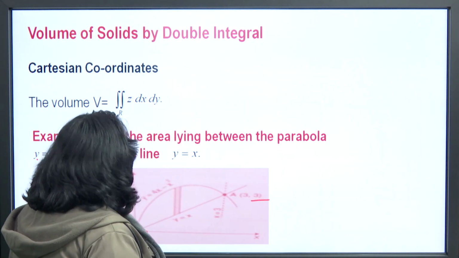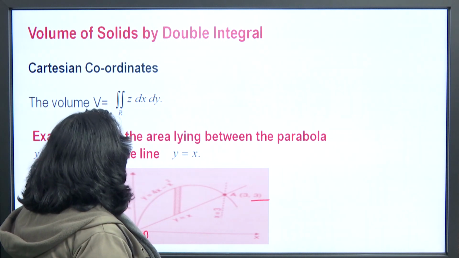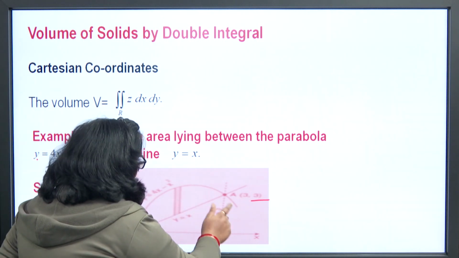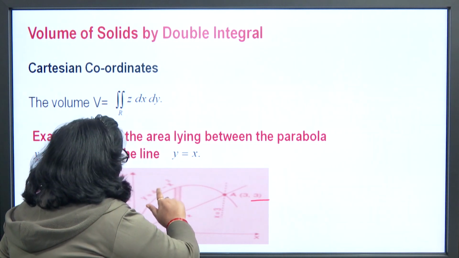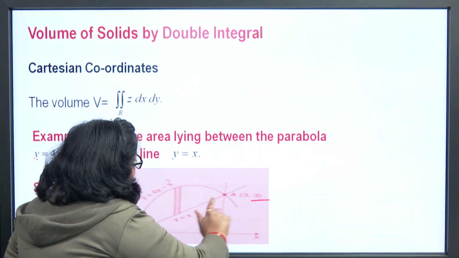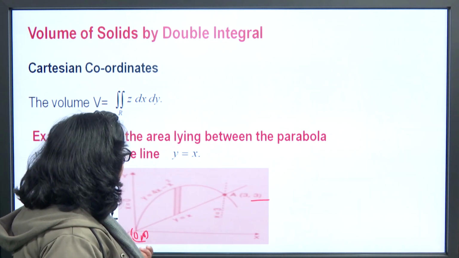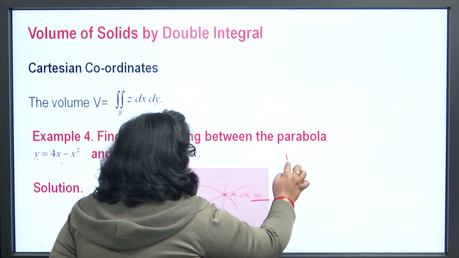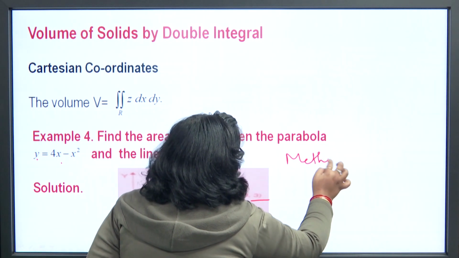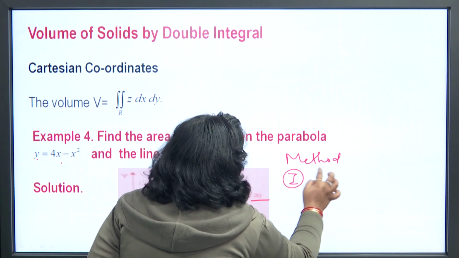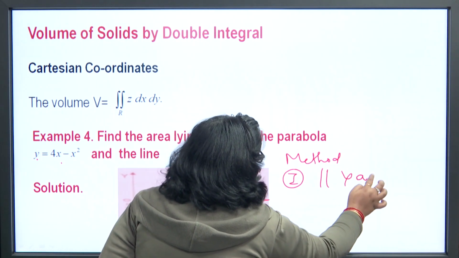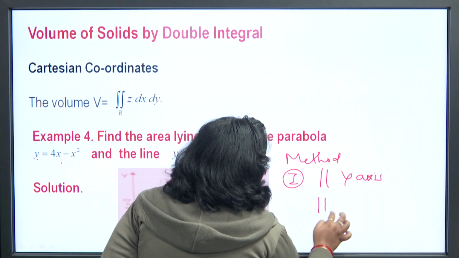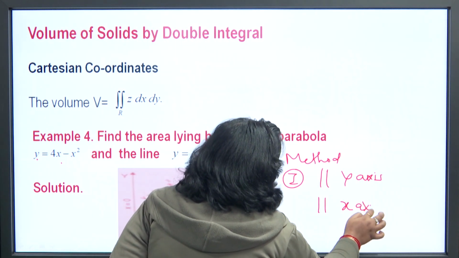What is the direction of the parabola? The parabola is y equals 4x minus x square, and a straight line cuts this parabola at 0, 0 and 3, 3. We have two methods here: first, a strip parallel to the y axis, and second, a strip parallel to the x axis.